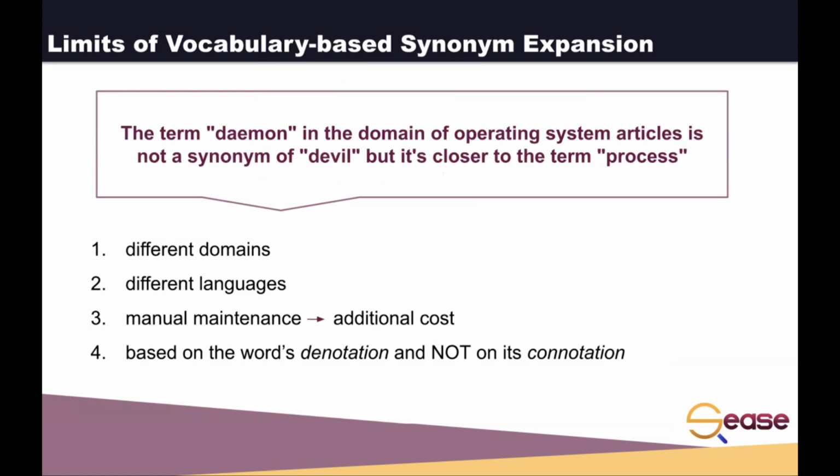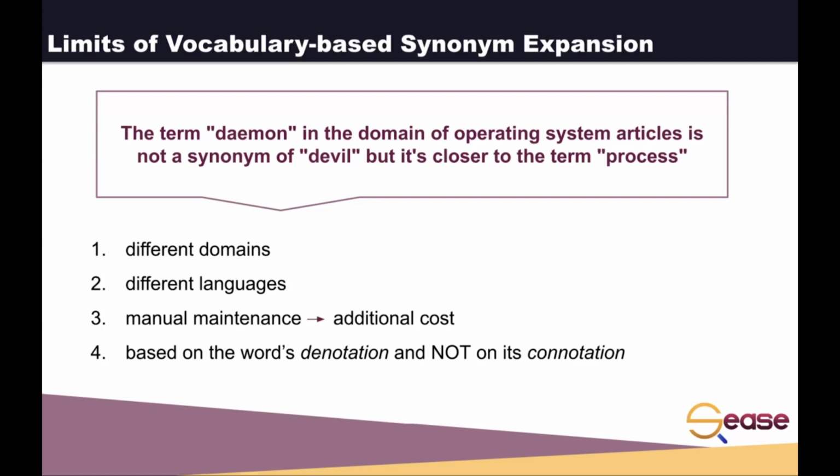If we have different languages, we have to find a synonym file for each language, and for some languages it's not easy. If we want to update something, it requires manual maintenance, which for a company mostly brings additional cost. And these synonyms are based on the denotation of the term, not its connotation.